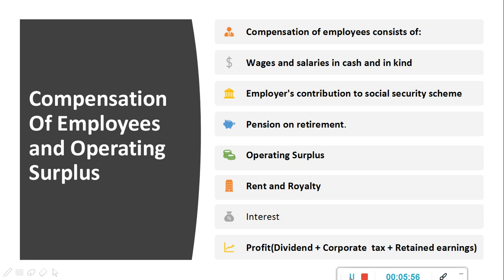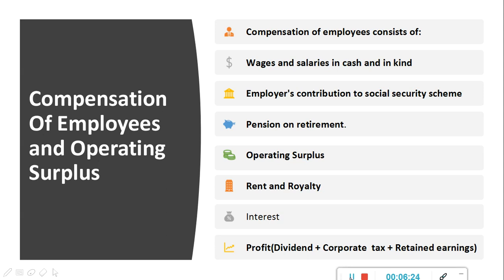So it is included as a part of compensation of employees. But remember, if employee's contribution to social security scheme is given in the question, then you don't have to take its value, because the employee's contribution to social security scheme is part of the employee's wages and salary, and that should not be included separately in our national income. I am repeating this again.